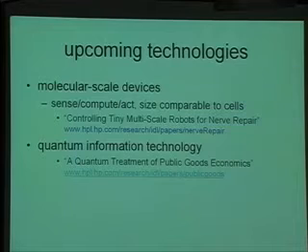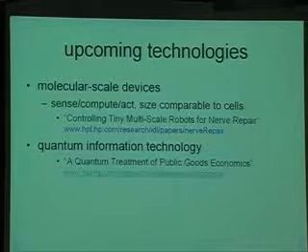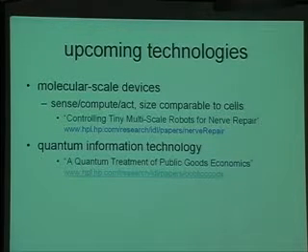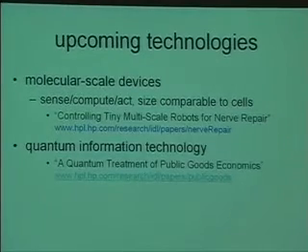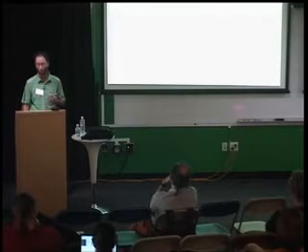Now, another area that I'm particularly interested in, and at HP Labs am working on, is molecular scale devices, that is, molecular computers and sensors and so on. It takes this kind of capability that we already see at scales about this size or millimeter scales, and develops the technologies that make this much smaller, to be able to sense, compute, and act on size scales particularly relevant for biology, say the size of cells.